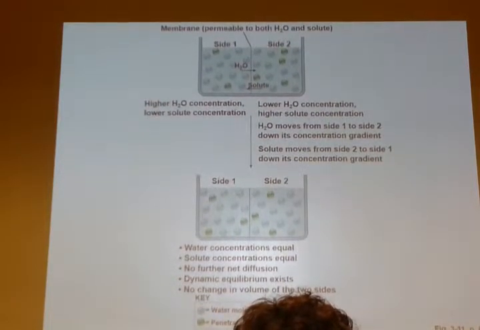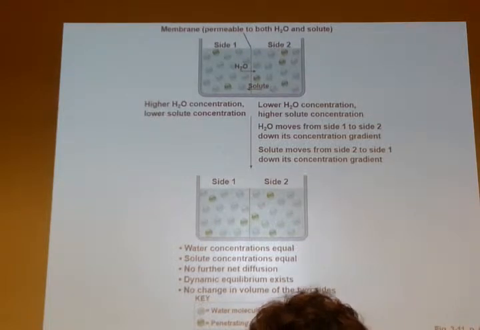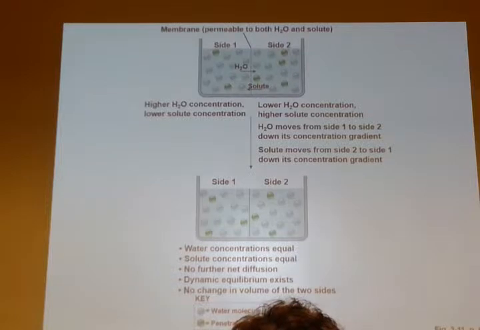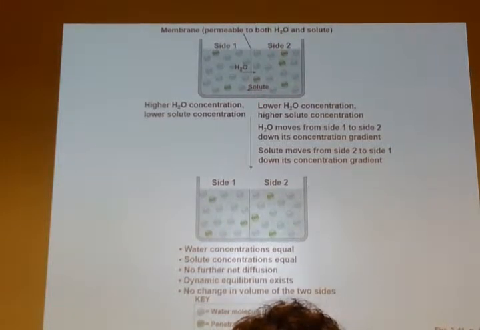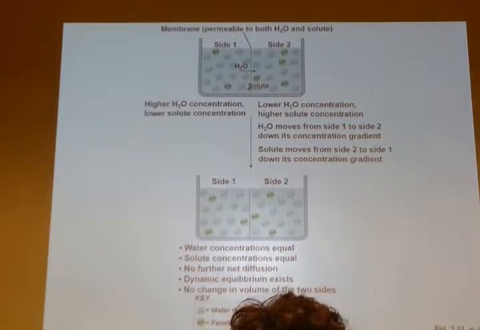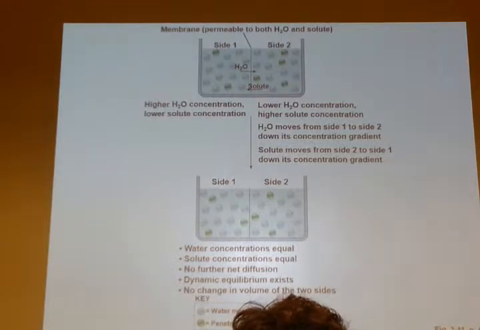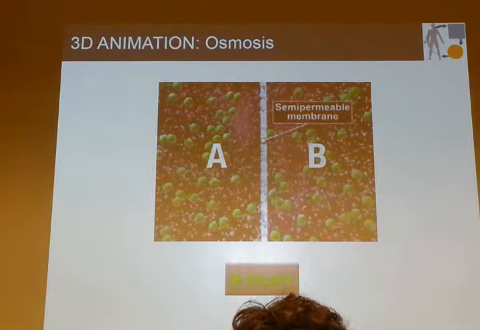So that is enough to then make water concentration higher than it was previously in side 1. So now water can return. Diffusion still goes on beyond that point, but net diffusion has ceased. So what happens to solute concentration in side 2? It went down. What happened to solute concentration in side 1? It went up.